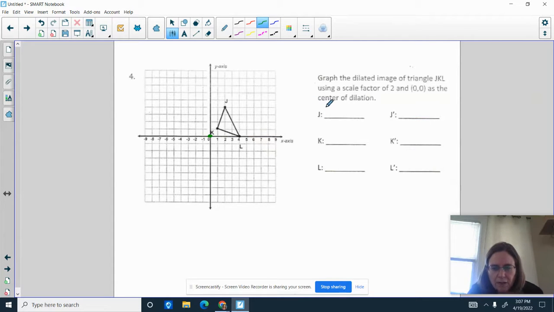So first I'm going to write the original coordinates. So J, we always start at the origin when we're talking about coordinate points. The X is going to be 2 and the Y is going to be, the units of 1. So 1, 2, 3, 4. So J is 2, 4.